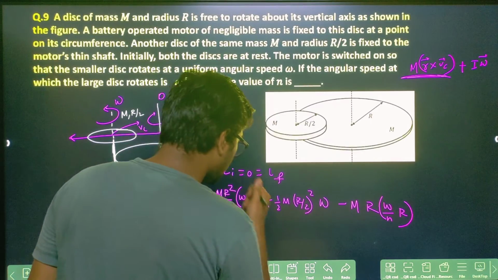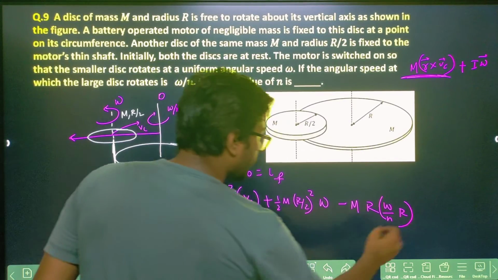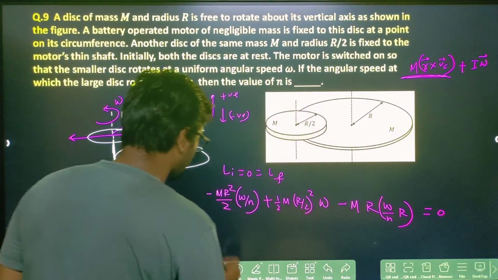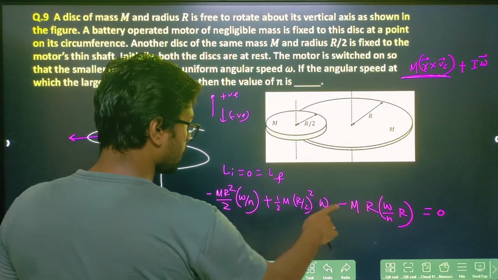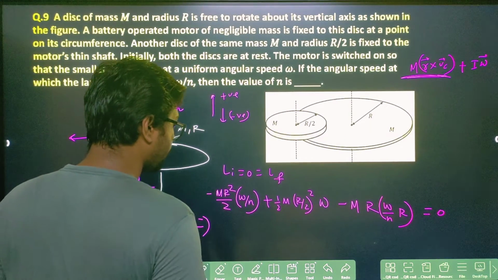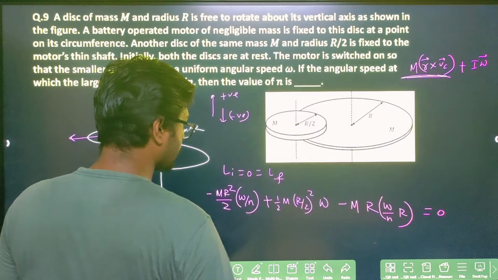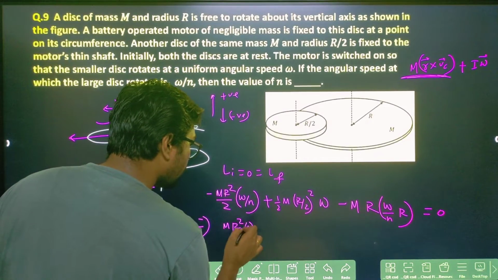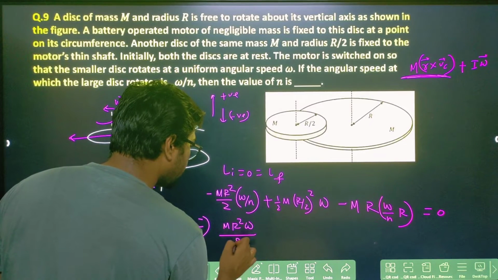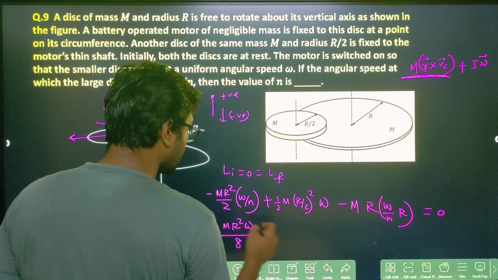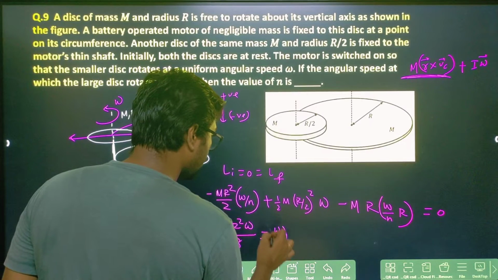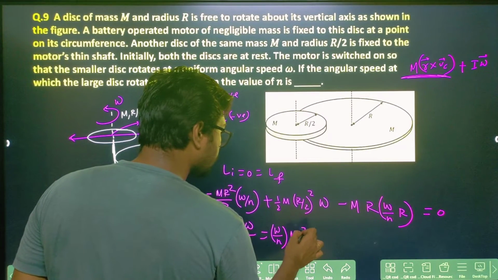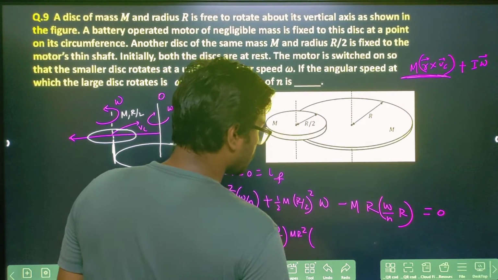This much will come. So you can calculate now, and this will be 0 here, and you see here, omega by n, this will be omega by n. So you take both on one side. So this will come as m r square omega divided by 8 is equal to omega by n common, m r square common.